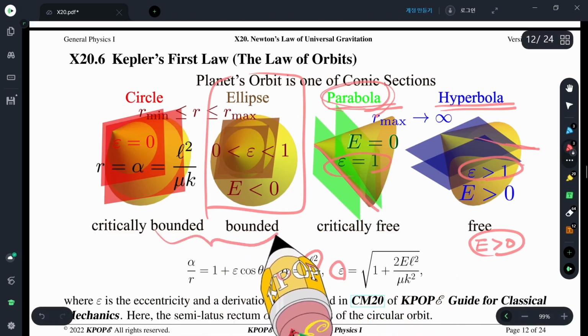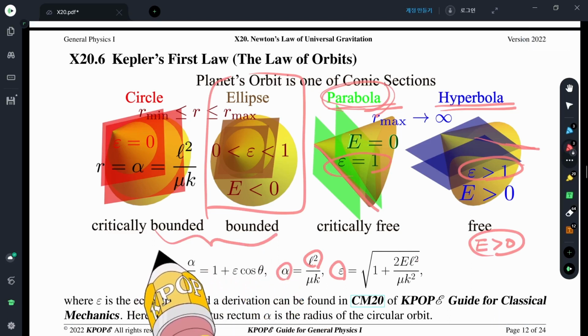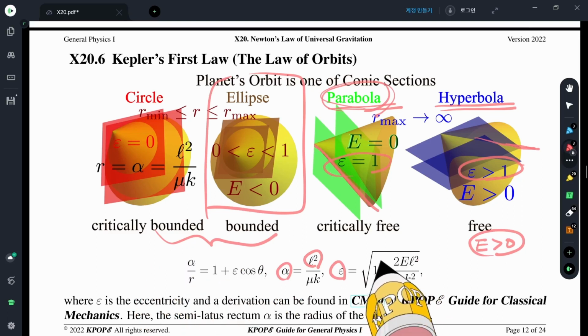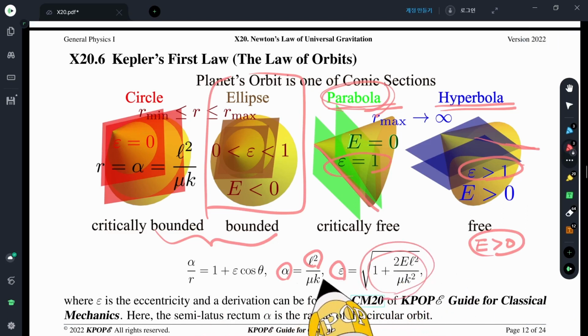For the two remaining states, these are bounded systems. A bounded system is allowed only if the total mechanical energy is negative. Therefore, epsilon is less than 1 after the square root. And it cannot decrease further.